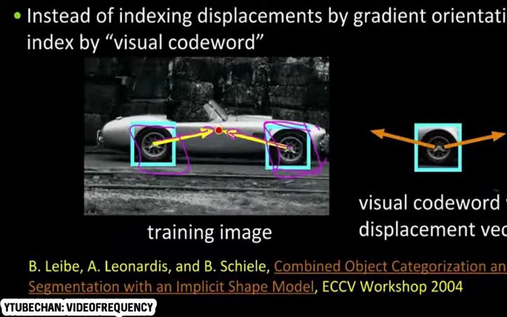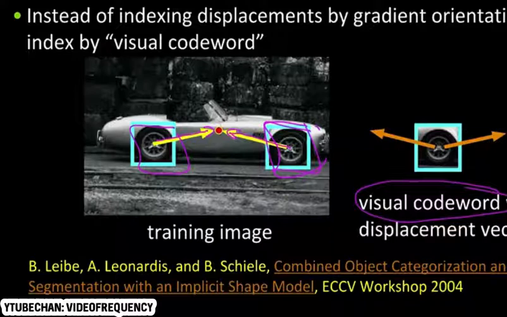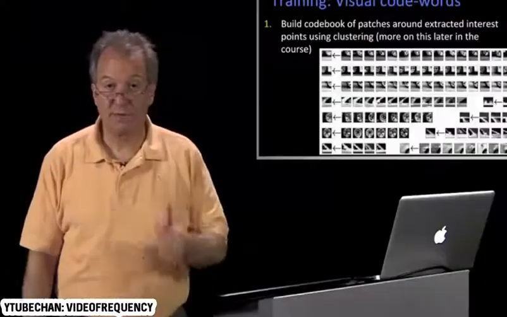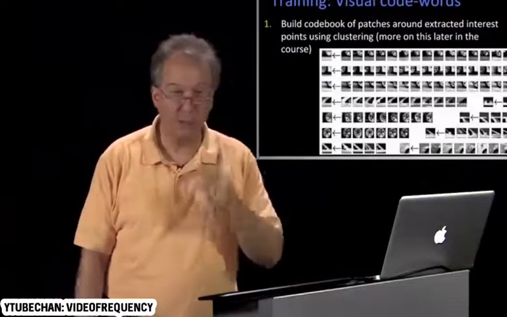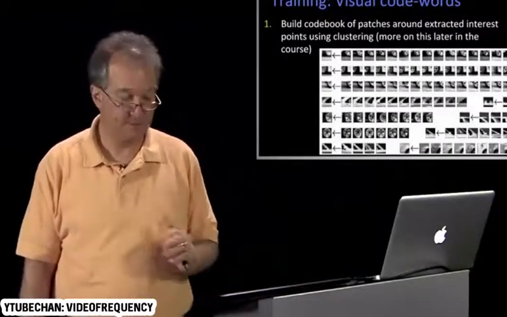These features are referred to as visual code words, which I'll describe in just a minute. The idea is that I would have a table based upon the code words, and associated with each code word is the set of displacement vectors that I have to vote with every time I find that feature anywhere in the image. So the first step in training is developing what's called visual code words.